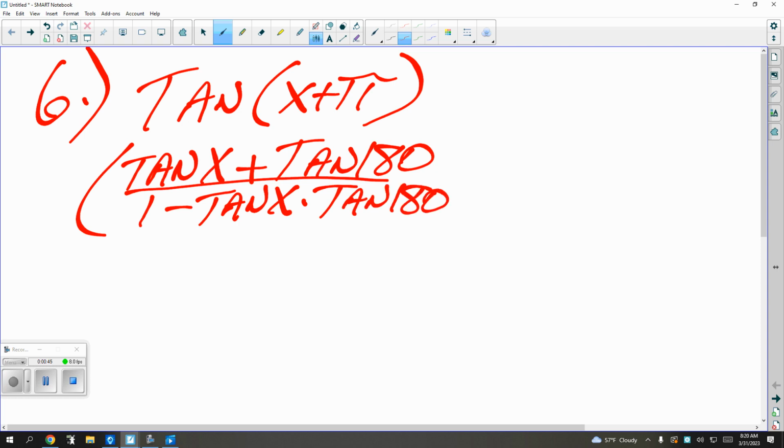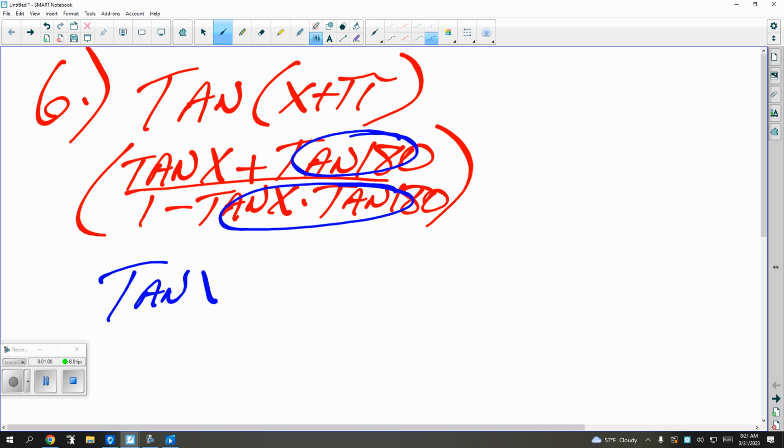Now I bust out my note card and I say, what's the tangent of 180? Well, it's 0. This is 0. And that first part before the minus sign becomes tangent x over 1. Why not just put the 1 there just in case we get a fraction on the next one?